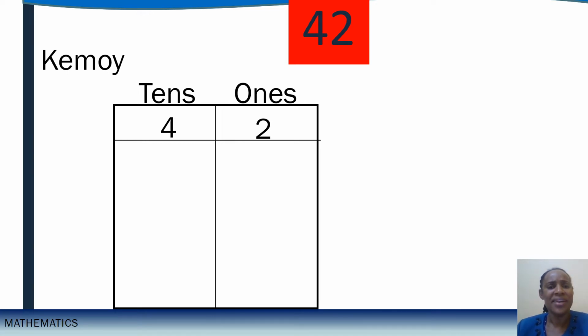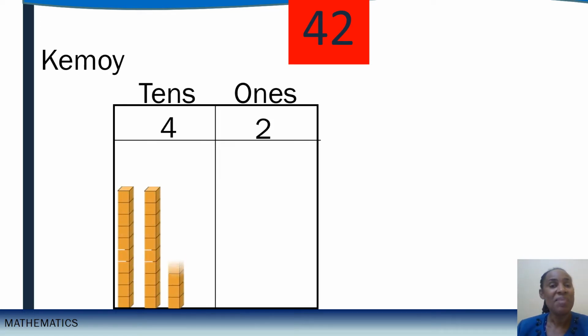Boys and girls, which base 10 block do you think Kemoy used to represent 4 tens? Excellent! If you said the longs, you are correct. Let's see how many longs Kemoy used. There we have it. Kemoy used 4 longs to show 4 tens.